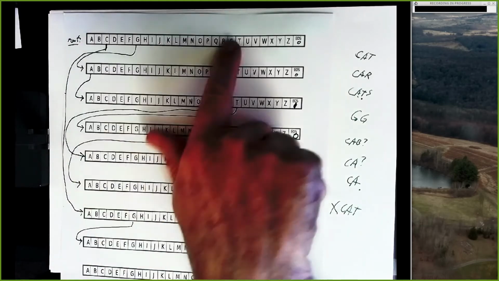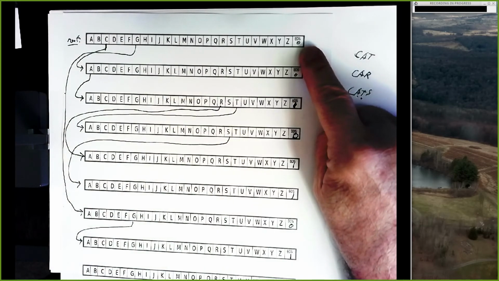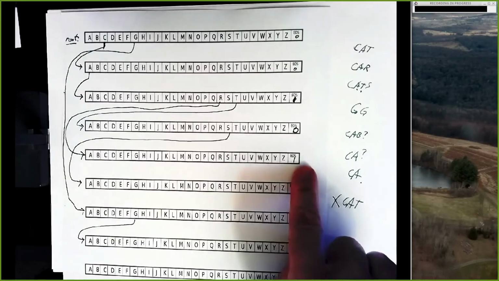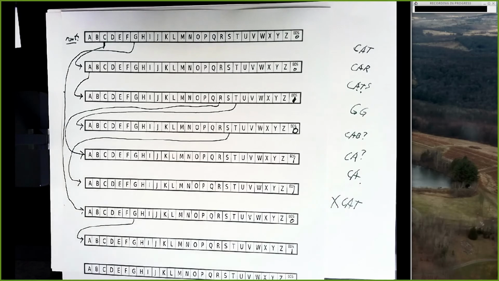I have pointers to nodes, and a single bit that's a 1 or a 0. And that's it. There's nowhere explicitly that the string CAT or CAR is stored. The string is stored implicitly by the search pattern you follow till you get to a node with an end of string bit set to 1. And that's kind of interesting.